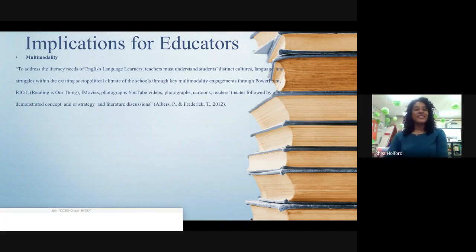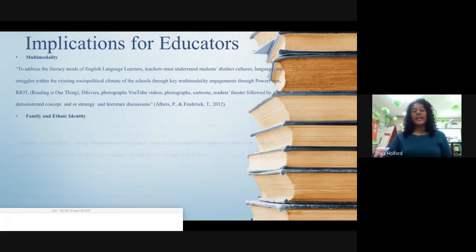To address the literacy needs of English language learners, teachers must understand students' distinct cultures, languages, and struggles within the existing socio-political climate of the schools through key multimodality engagements, such as PowerPoint, iMovies, photographs, YouTube videos, cartoons, and readers theater. We'll talk about that, followed by a demonstrated concept of a strategy and literature discussions.